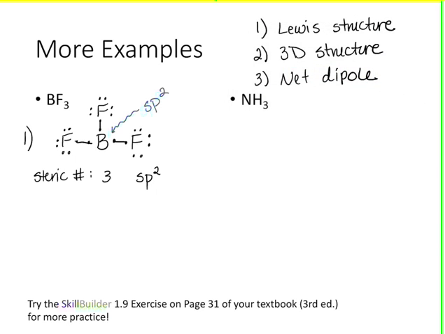Okay, so let's figure out the geometry of this molecule. What is the shape? Is it linear, trigonal planar, trigonal pyramidal, or pyramidal, however you want to pronounce it? Is it tetrahedral? It's trigonal planar, so that means that all of those fluorines will be equally spread out from each other.